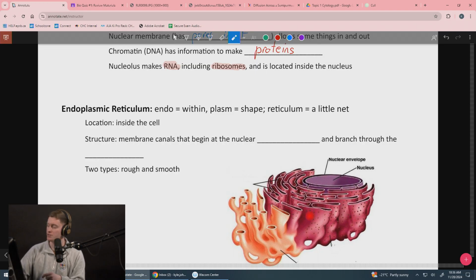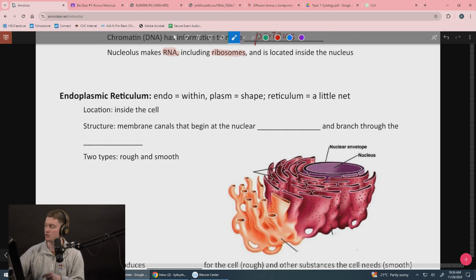And it is a bunch of membrane canals that are beginning at the nuclear membrane. In this diagram, that's labeled as the nuclear envelope, but it's the nuclear membrane. And so I'll write here, they begin at the nuclear membrane. And they branch throughout the cytoplasm.